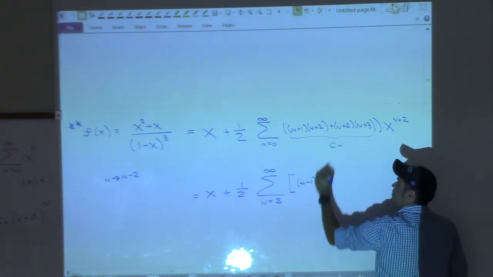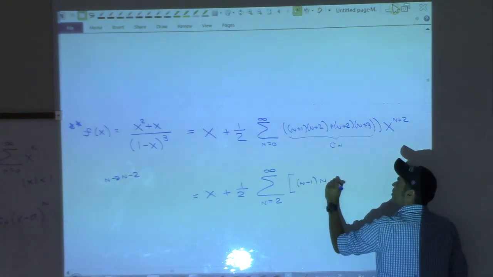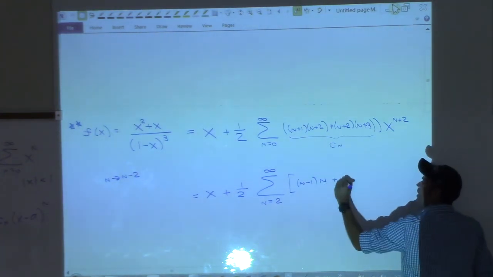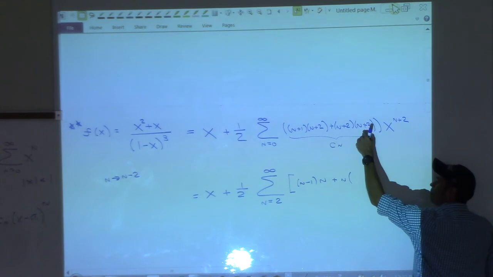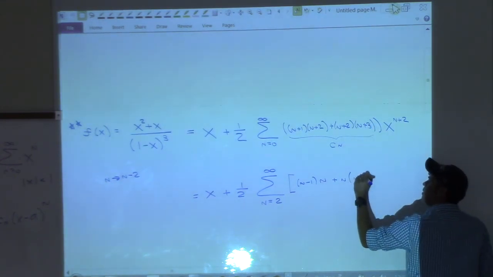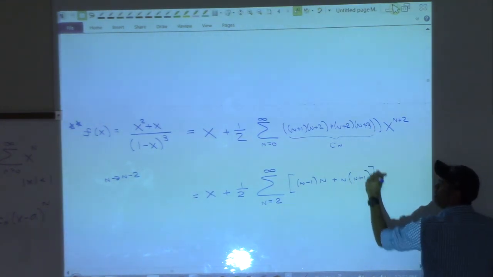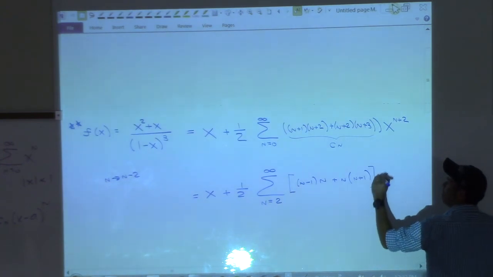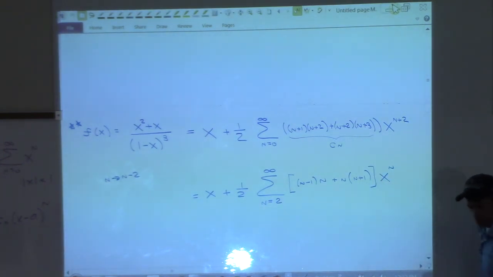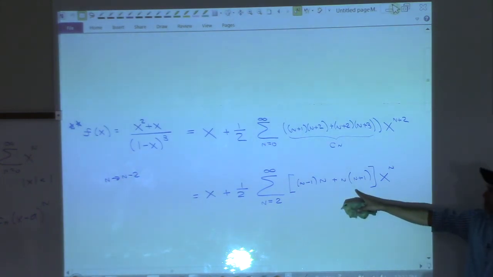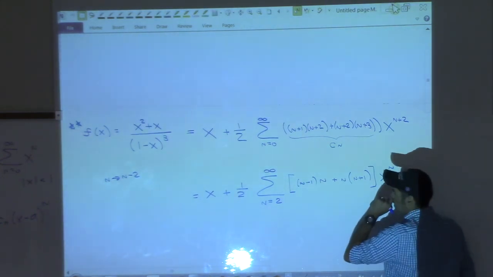Okay, here, n plus n plus 1. Okay, all of that x to the n. And now we can even clean this up because algebraically it does clean up.